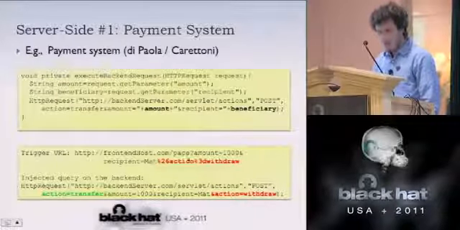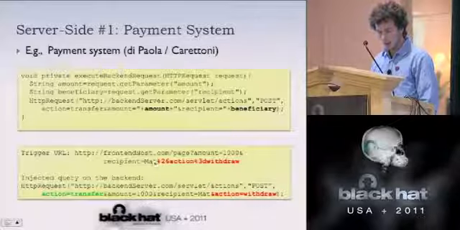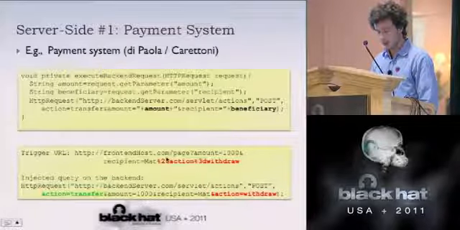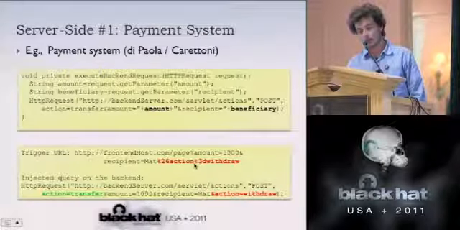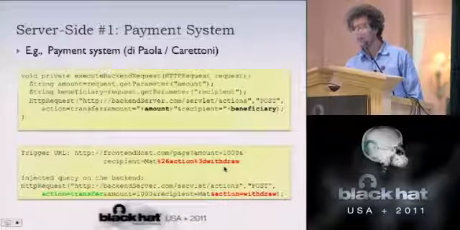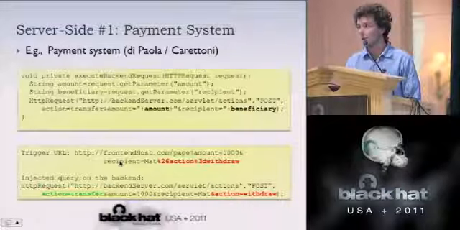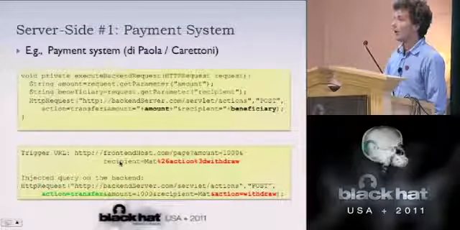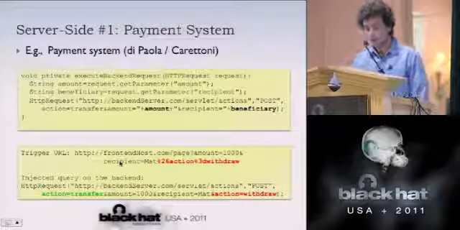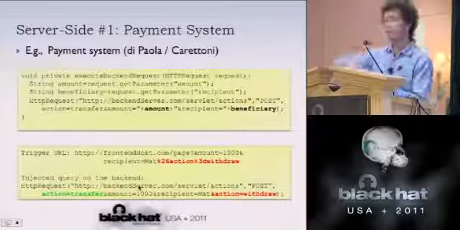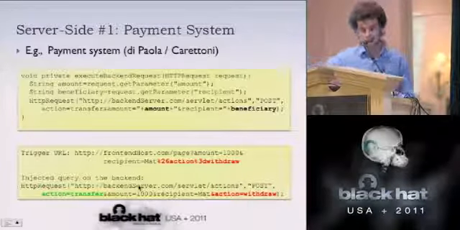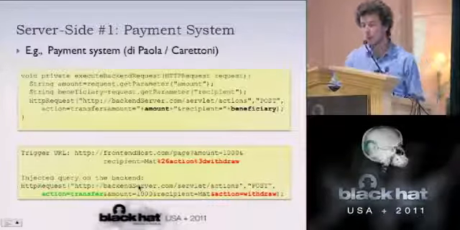Here, what an attacker can do is create this trigger URL where he injects a new action, a withdraw, in the name of the recipient. What happens on the front end is that the query generated for the backend gets injected with this new action.